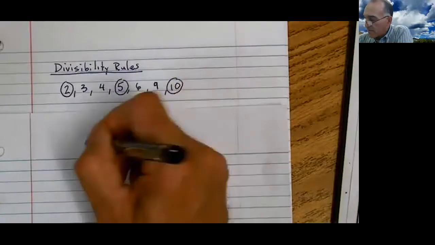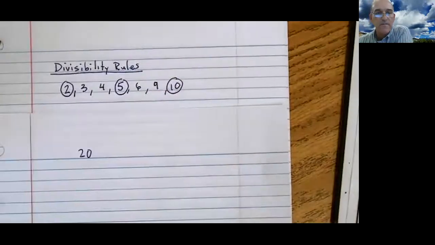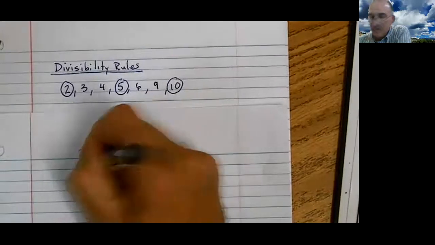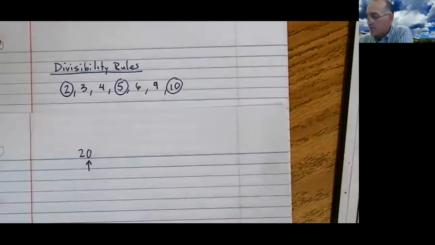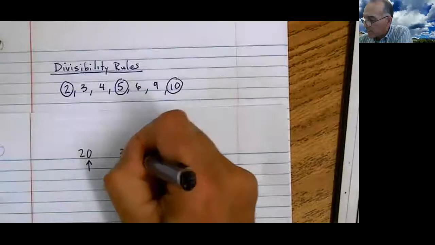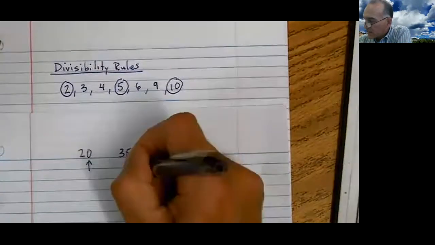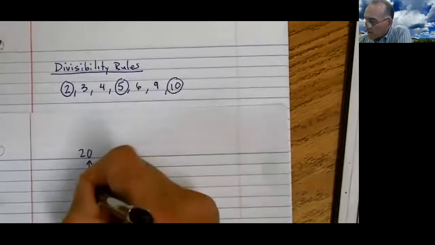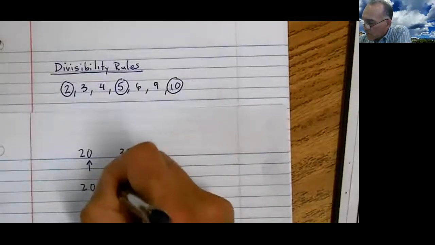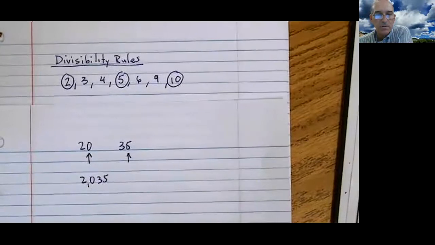If I have this number, is it divisible by 5? Yes, because the ones digit is a 0 or a 5. How about 35? Yes, it is. What if I had this number? Yes, it is.